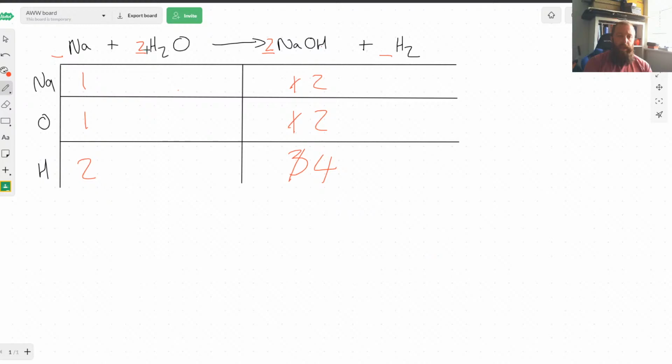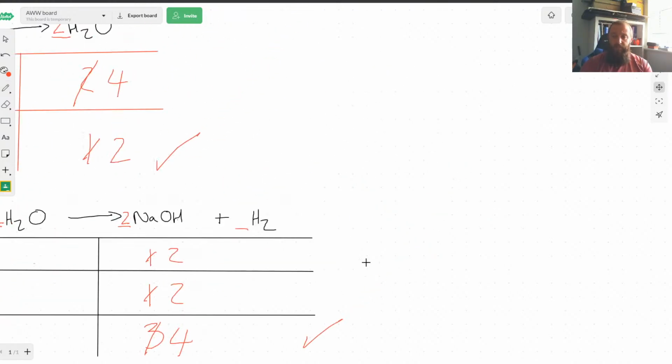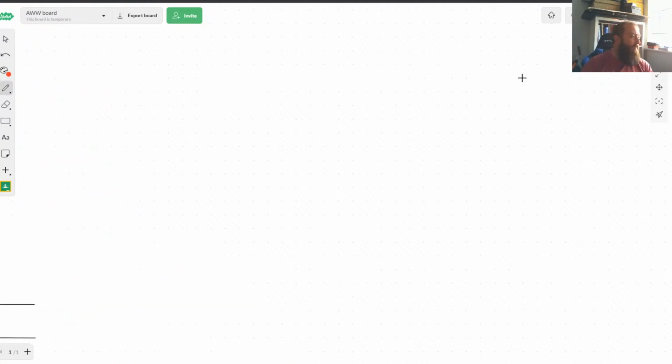Let's put a 2 here. And a 2 here. And it works. Okay? So it's trial and error. We're working our way through. And like I said, I have lots of worksheets. You can practice as much as you want on this later on. And it really is practice.